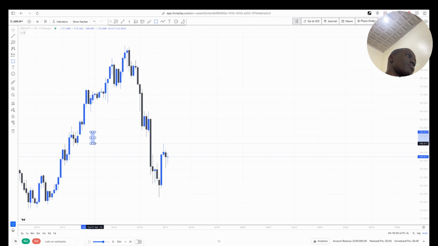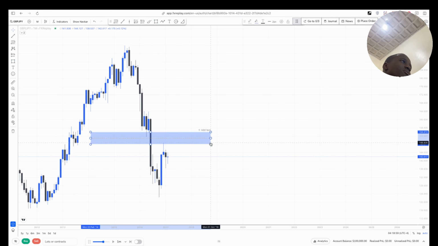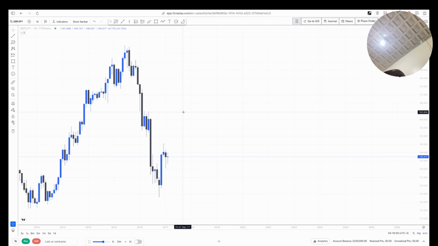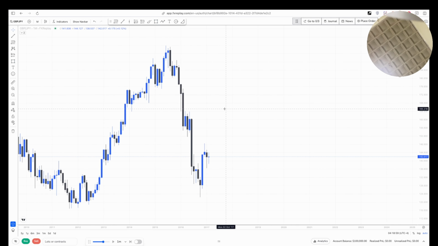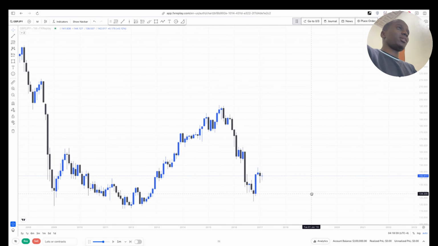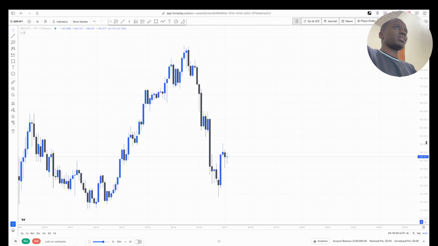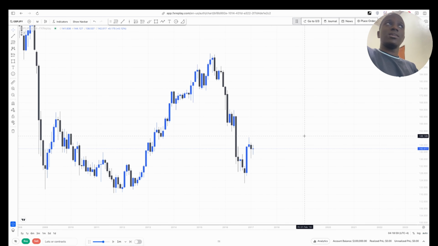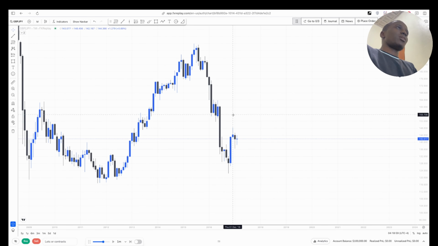But since we're on the monthly time frame, I can't really base off of that, because it will take way too long to reach there. We can start taking our solid analysis on prior days, such as 3 days and some other days. So what we can anticipate is maybe to go higher and then maybe go lower in the future to target these lows right here, because there's sell side liquidity.